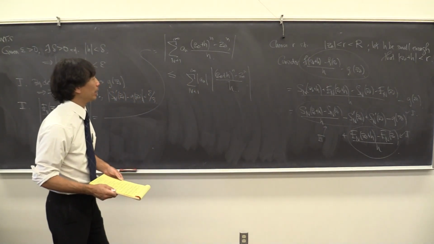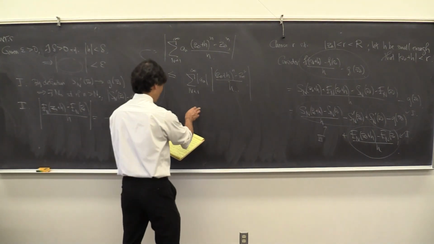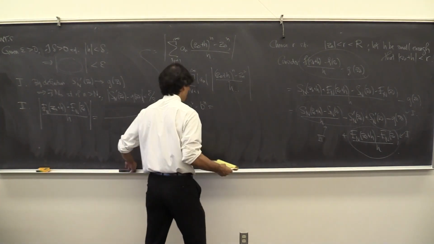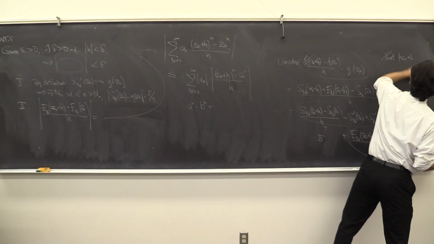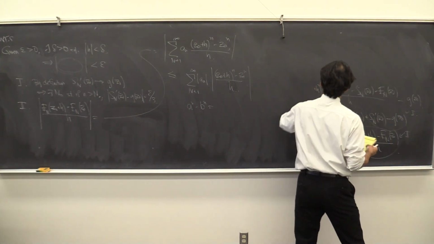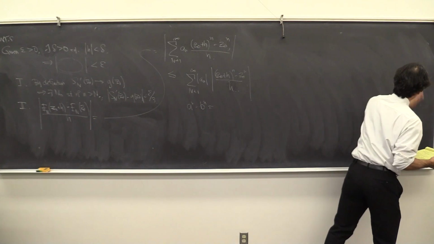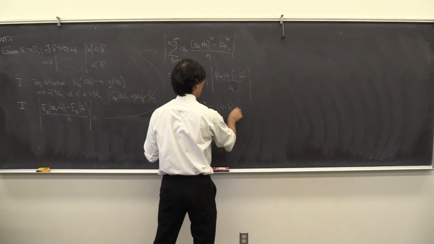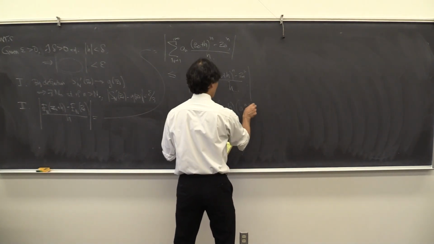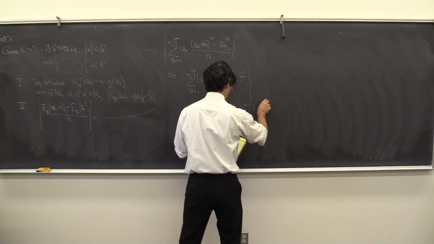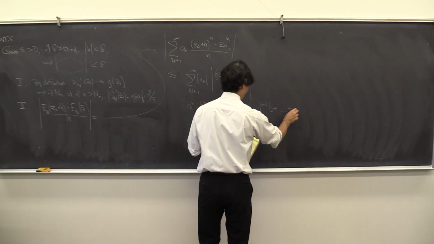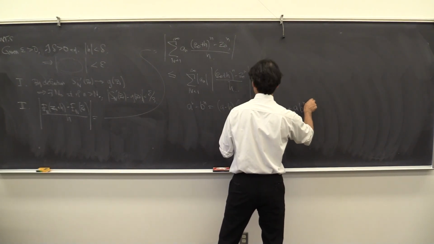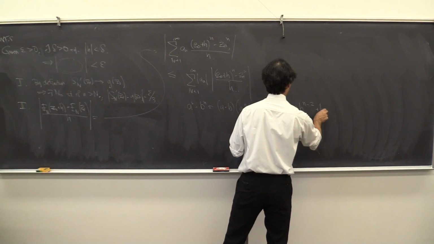Okay, so at this point we play a trick, which is that whenever you have a difference of powers, you can write that as a minus b times a to the n minus 1 plus a to the n minus 2 b plus up to a b to the n minus 2 plus b to the n minus 1.